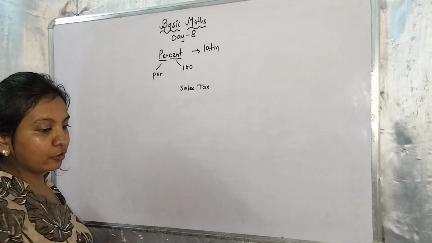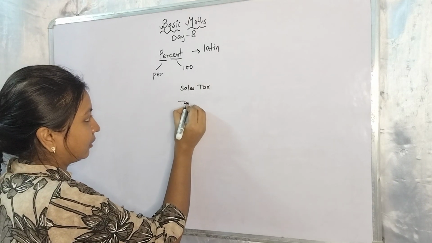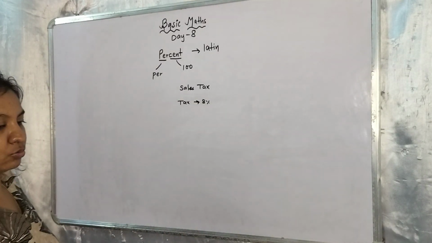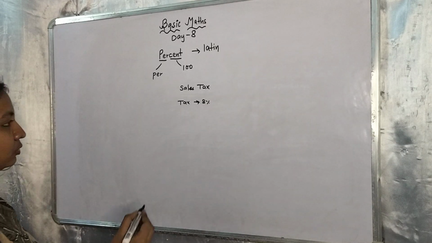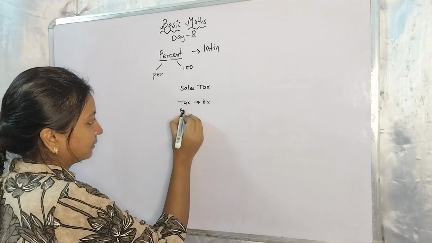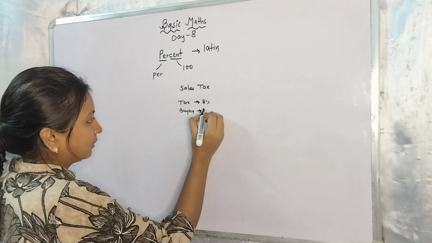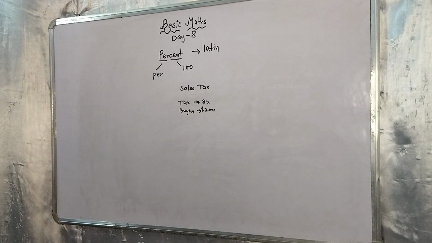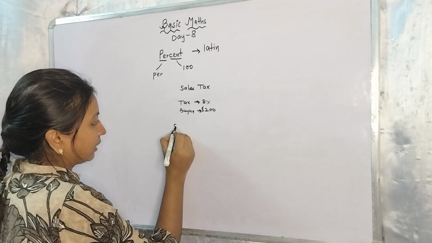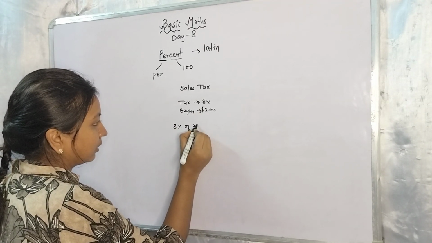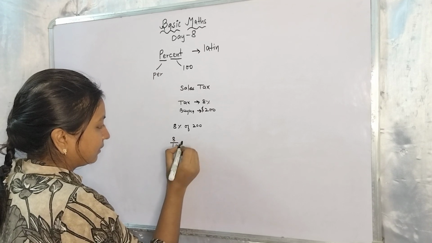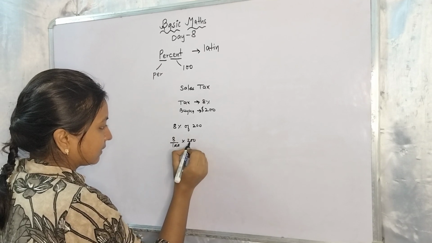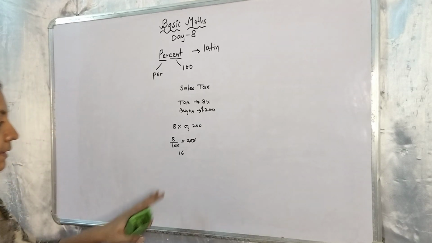For example, if your tax rate is 8% and you are buying any item of $200. So now what you need to do is find out 8% of 200, that is 8 by 100 into 200. So this gets cancelled out, this will be 16. So this is the tax amount.